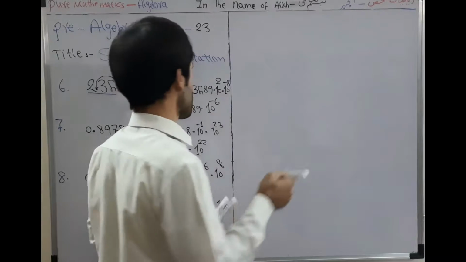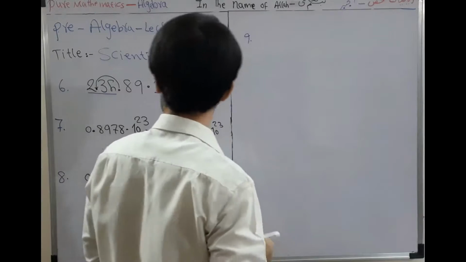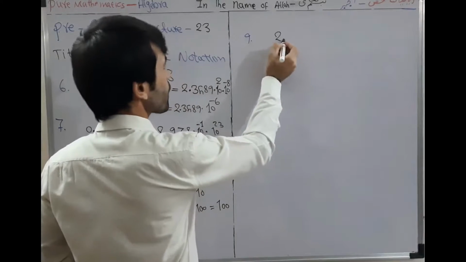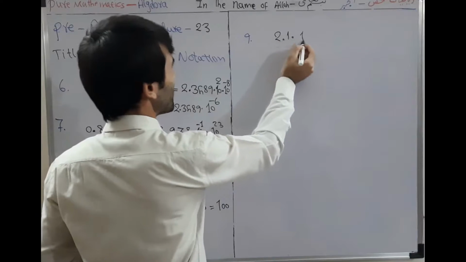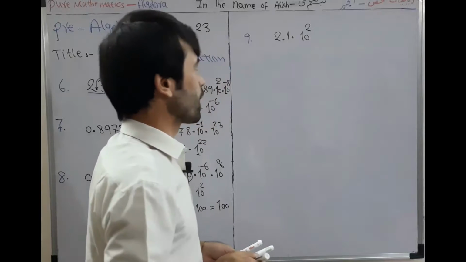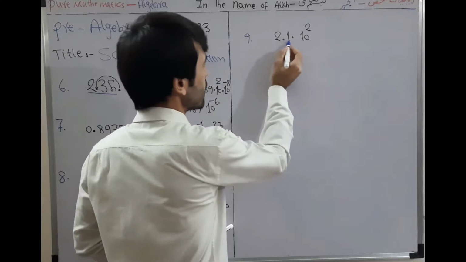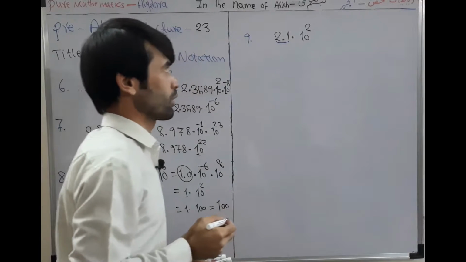Here is another question, number 9. If we have 2.1 multiplied by 10 to the power 2, it is in scientific notation.